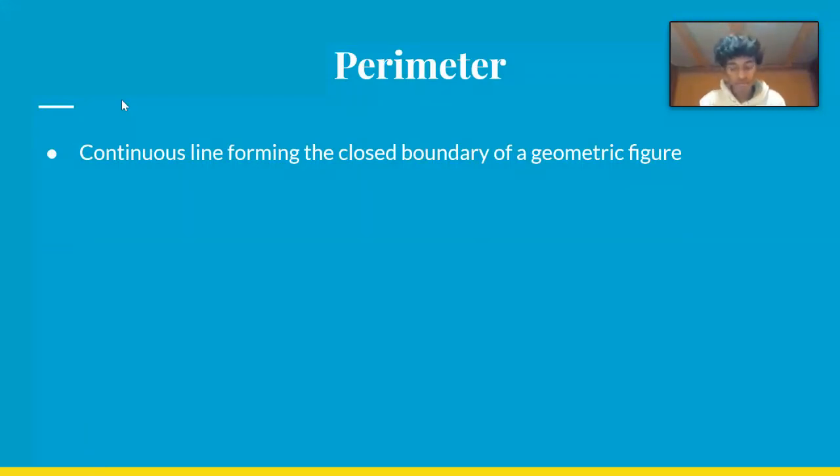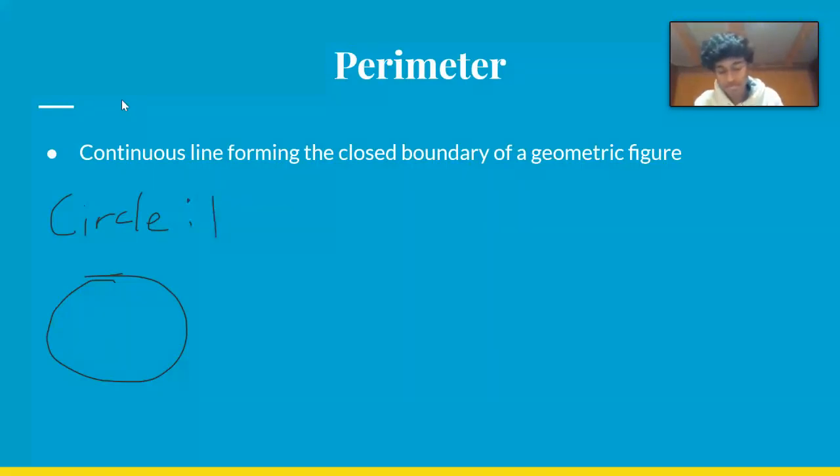Okay, now let's go over a circle. For a circle, we can't really find the perimeter of this because there are no actual side lengths. So how would we find the so-called perimeter of a circle?